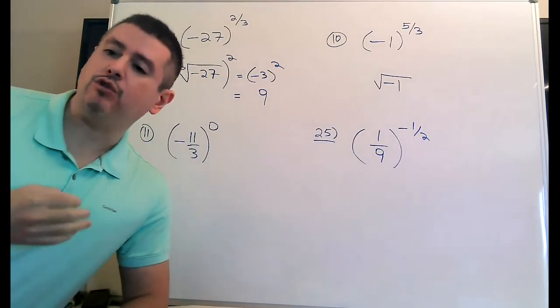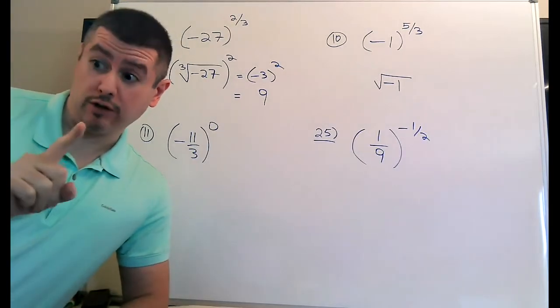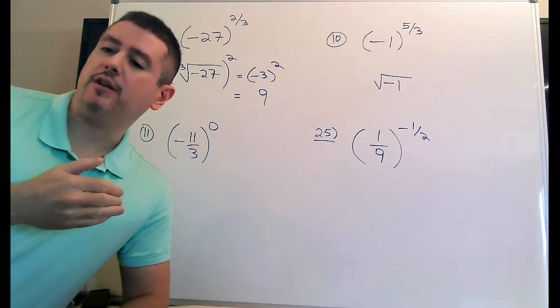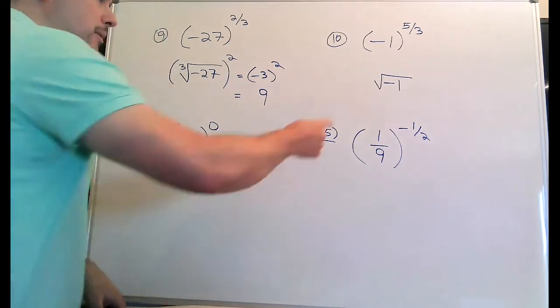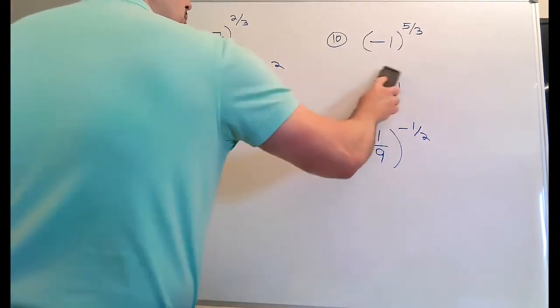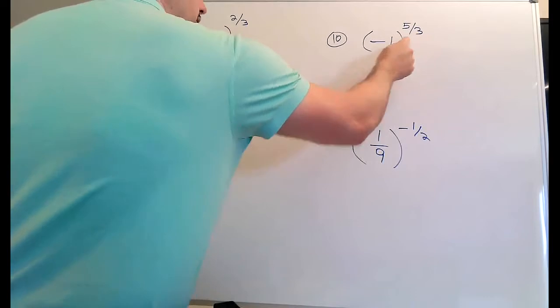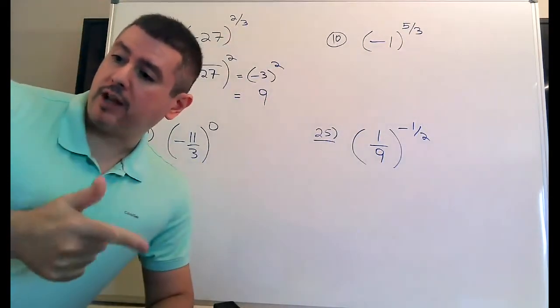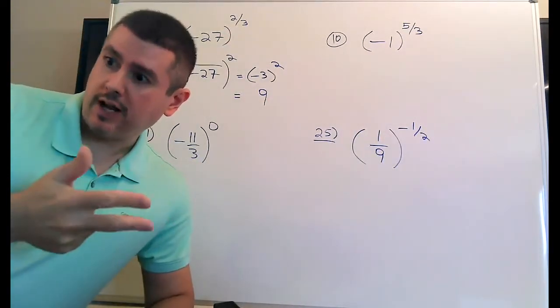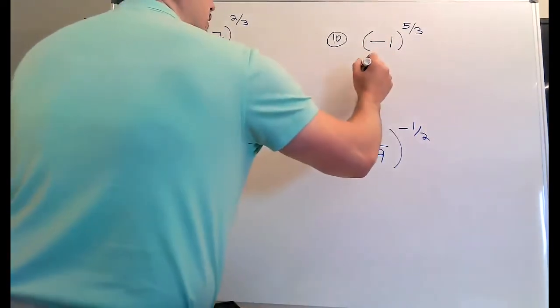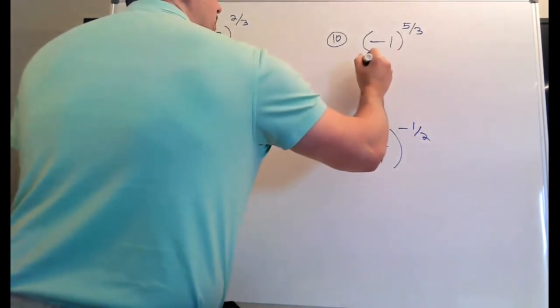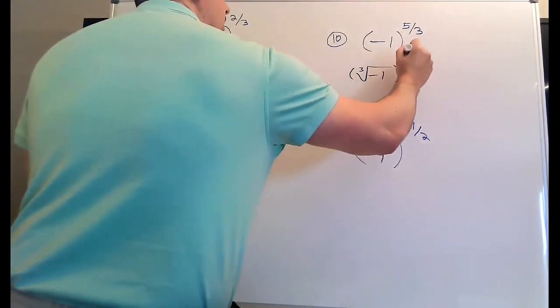You can't do that. There's no real number times itself that gives you negative 1. Just doesn't work. So this would be BS. But again, I have cube root. Cube root is fine. Negative 1 times negative 1 times negative 1? Negative 1. So if you do the cube root of negative 1, that's what you get.